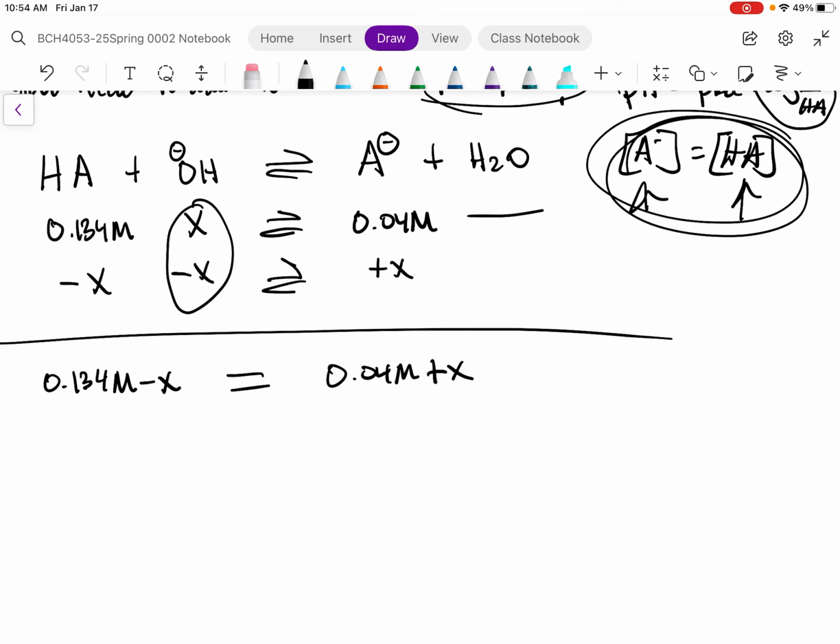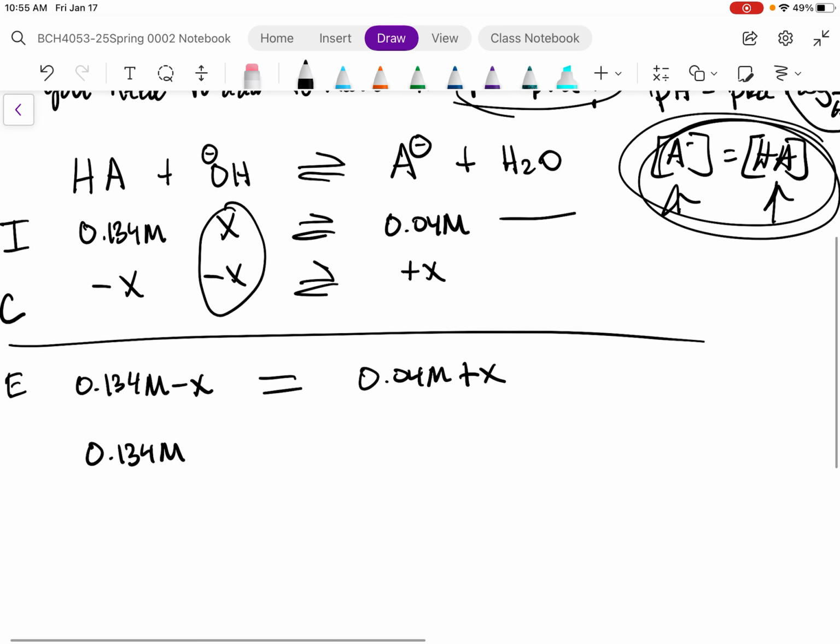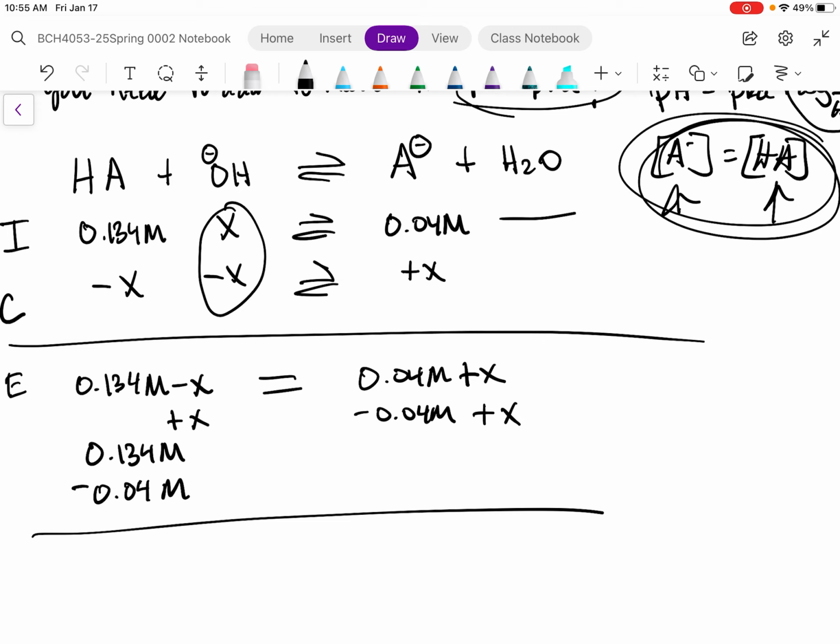So if we solve for X, what would we do here? We will add or subtract 0.134 molar from both sides, and then we will add the X to both sides. And when that simplifies down, we end up with 0.094 molar equals 2X.